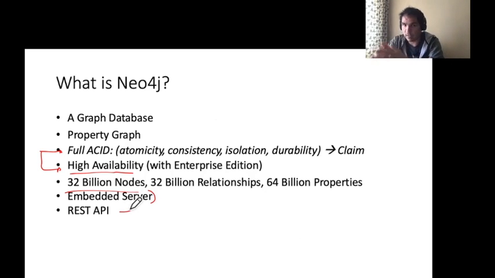You can interact with it, for example, with Java. We are going to be using the web browser in order to create a graph. The key concept here is that we are only going to spend a couple of lectures on this particular graph database, and then we move to Mongo. We are not going into all the details, we only want to focus on the query language of this particular library.